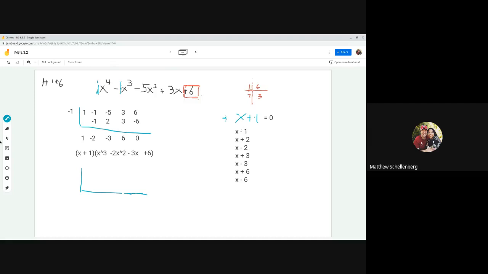So maybe we try -1. That means that this here would be +1. And let's pretend I didn't do the first one at all. Let me just copy this down. All right, so same polynomial, but this time I'm going to try x minus 1.